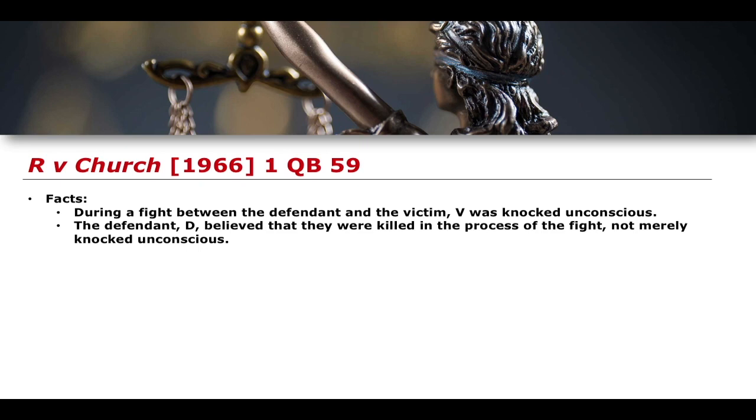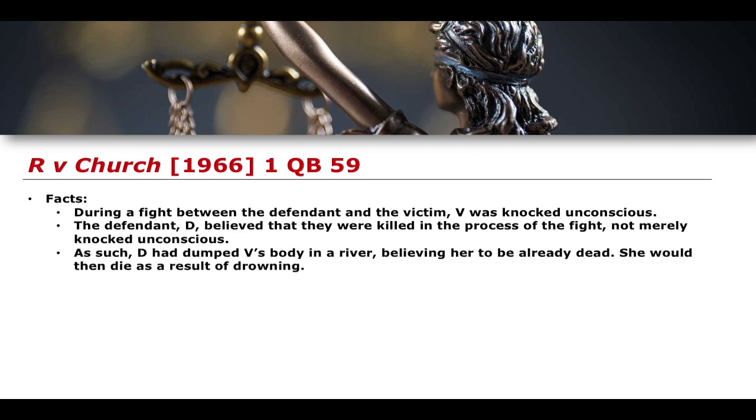The defendant thinks, oh my god, I've just killed this individual. And so as a result, the defendant, believing he had just killed the individual, decided to dump the body of the victim in the river, the still alive body in the river, believing her to be dead. Now, the act of doing so would ultimately lead her to die as a result of drowning.